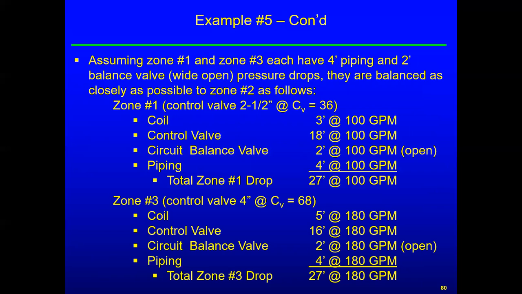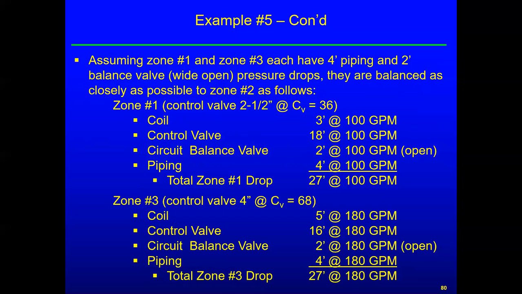So assuming that zones number 1 and number 3 each have 4 foot of piping and 2 foot balance valve wide open pressure drops, they're balanced as closely as possible to zone 2, which gives the following. And so we're going to try to do this. So zone 1, it's a 3 foot on the coil, so it's 18 on the control valve, so it'd be 27.